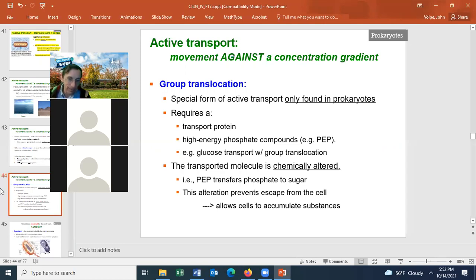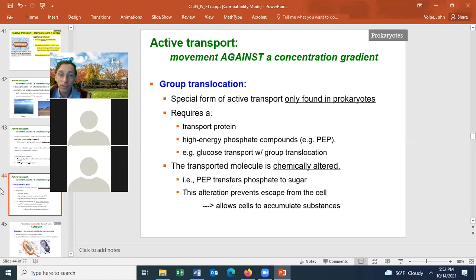So let's say, for example, glucose is transported outside the cell, inside the cell. If it happens by active transport, then the glucose is not changed. But for bacteria and archaea, we can move glucose into the cell by group translocation.